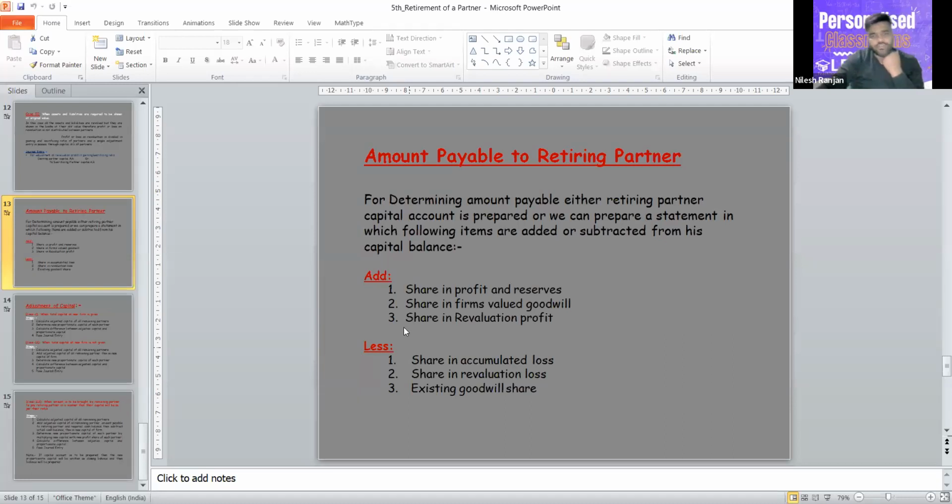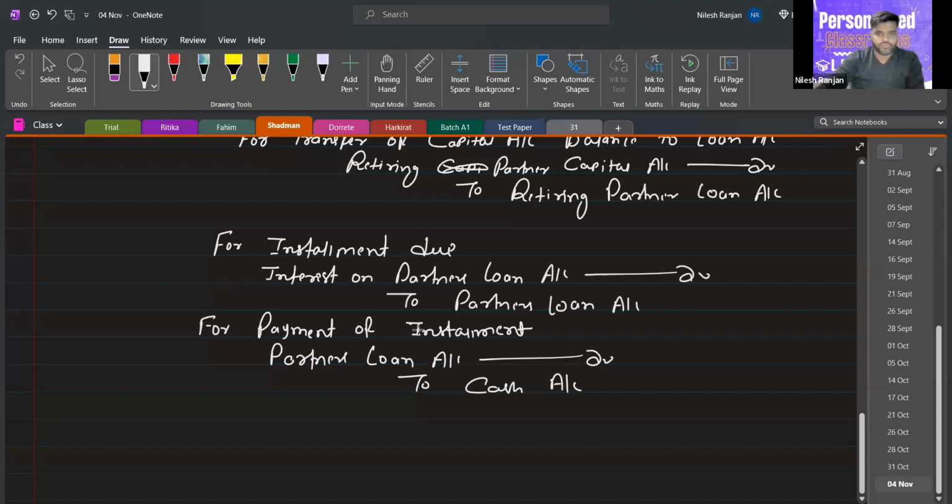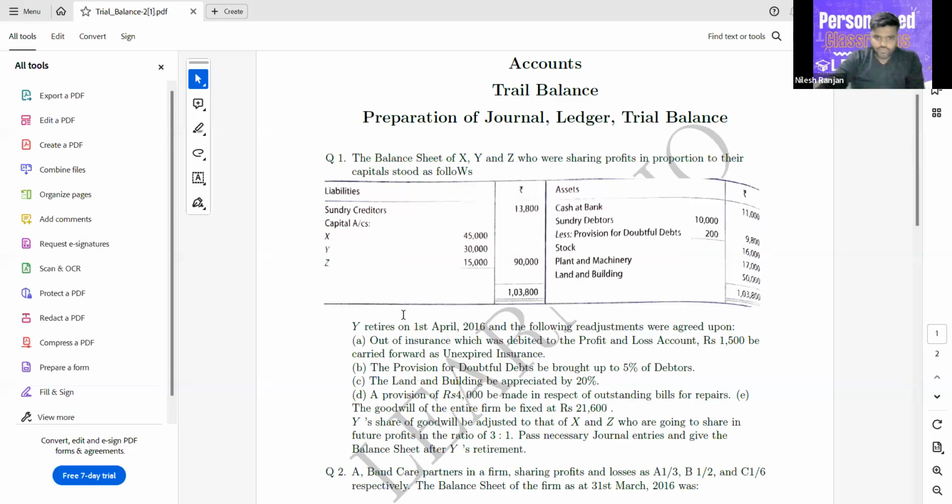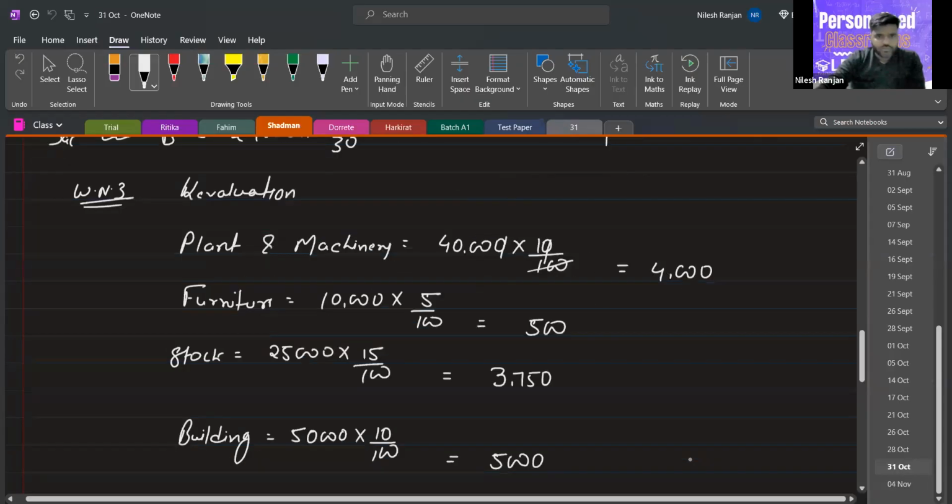Before going to the settlement part, we need to solve this question. I have done one question from this, I think the first question.